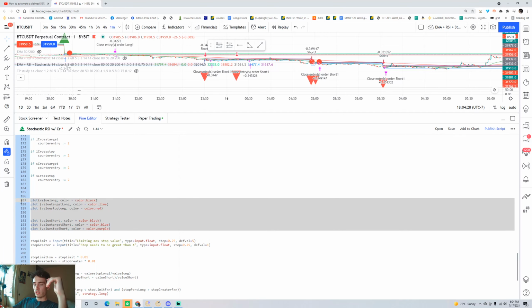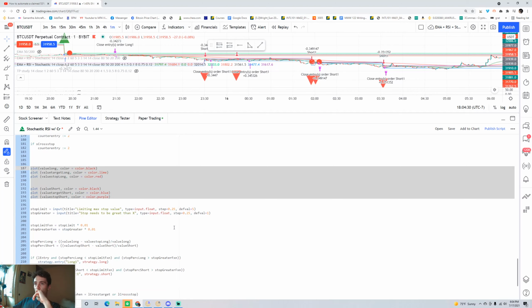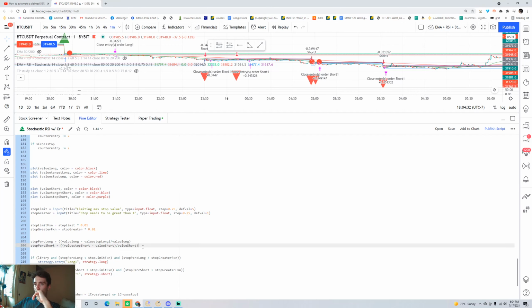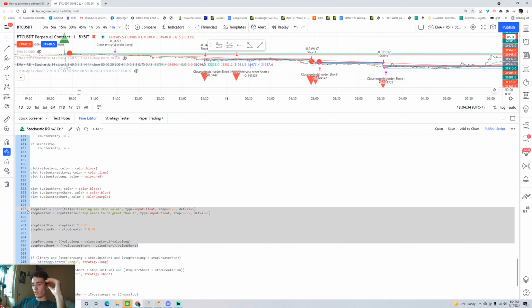I'm plotting every single cross, and I am making a filtering system that says you cannot get into a trade if your stop is going to be greater than a specific value, or if your stop is going to be less than a specific value, because you don't want to be entering a trade if your stop is 0.1%.